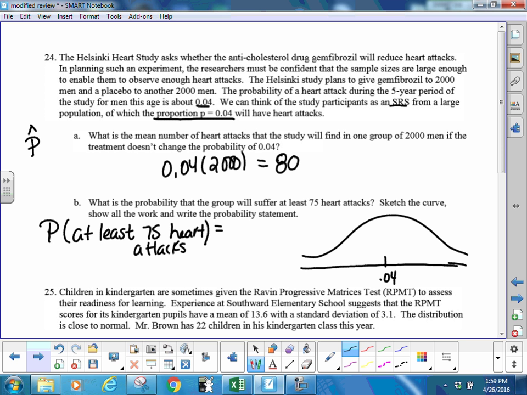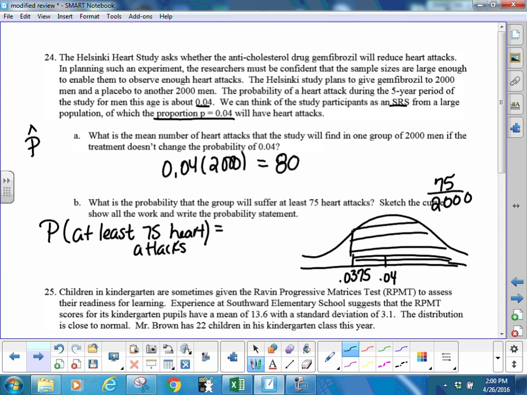If I'm looking at percentages, I want to change that to a decimal, so I can do 75 divided by 2,000, and you get 0.0375. At least, so now I have lower bound, upper bound, I have my mean. I'm missing something. What don't I have that I need for normalcy here?